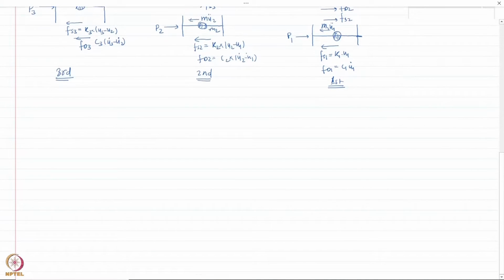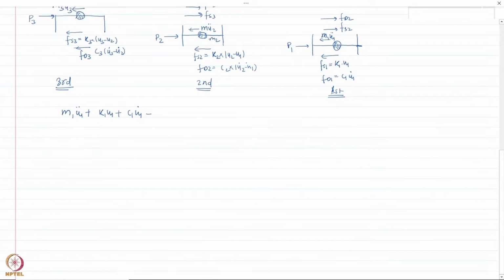If you look here, m1 u1 double dot plus k1 u1, plus c1 u1 dot, and then I have forces Fs2 and Fd2 which are acting opposite to these forces, and the expressions for these forces I've already given you. So let me write it here.